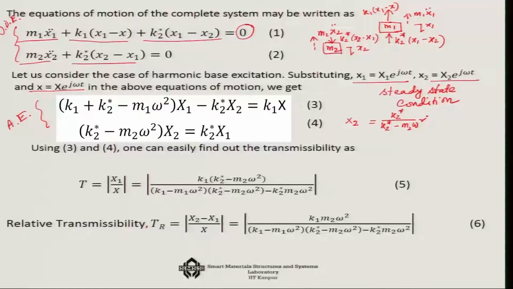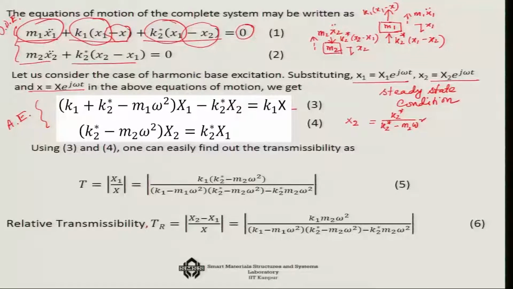In the first equation we have K1 plus K2 star minus M1 omega square x1, considering the K1 x1 term and M1 x1 double dot, and K2 star x2, considering this term.